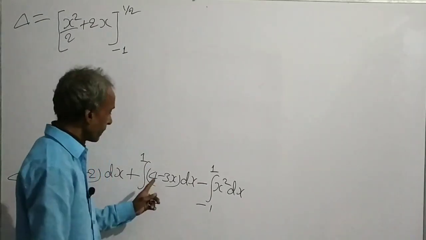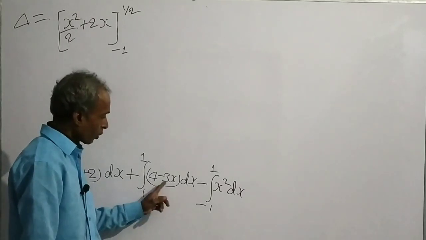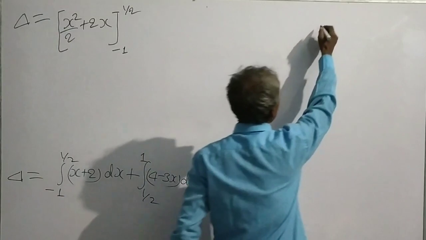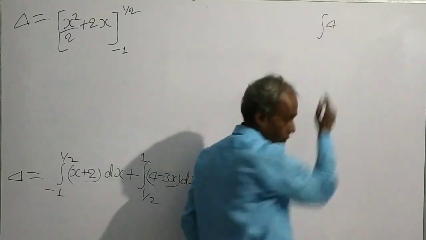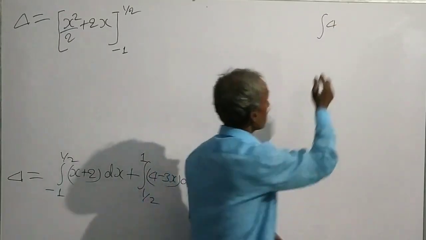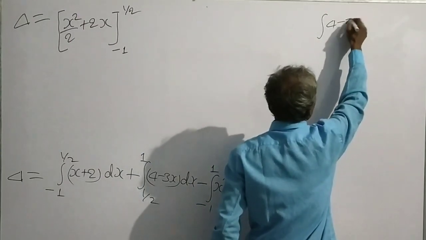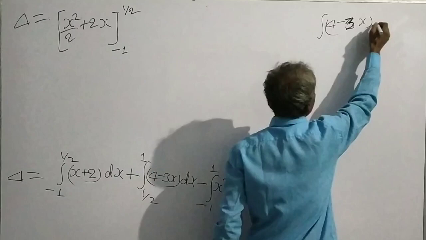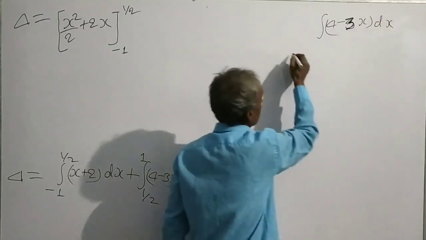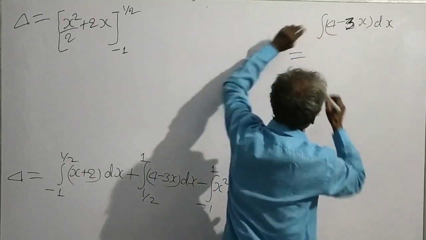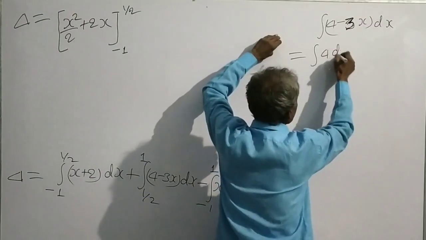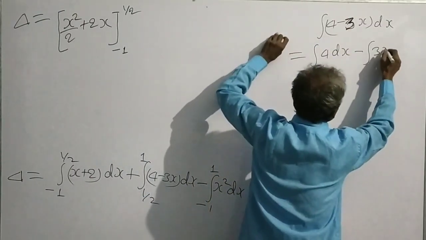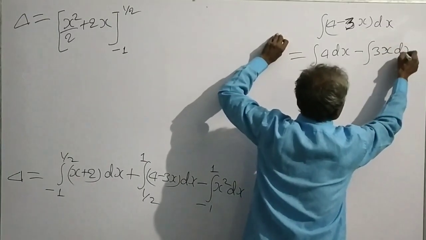Similarly, indefinite integration of 4 minus 3x dx will be equal to integration of the first term, 4 dx, minus integration of the second term, 3x dx.